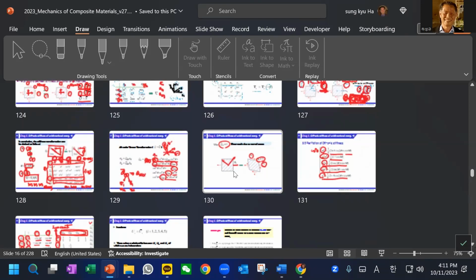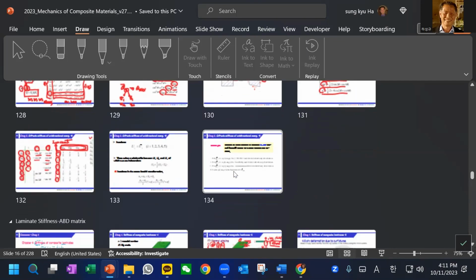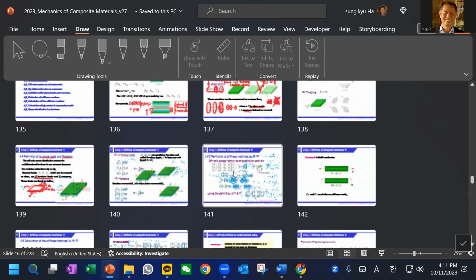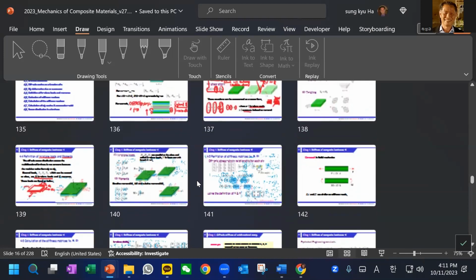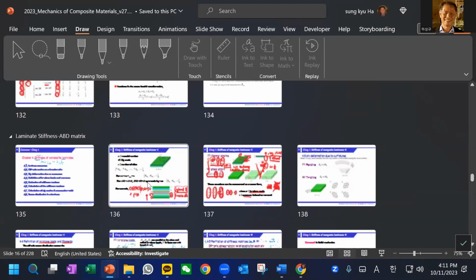I'm trying not to use too many mathematics, but all the behavior is better expressed in terms of mathematics, which will be very convenient to understand sometimes, and that's the way we can program it. We can calculate the deformations.